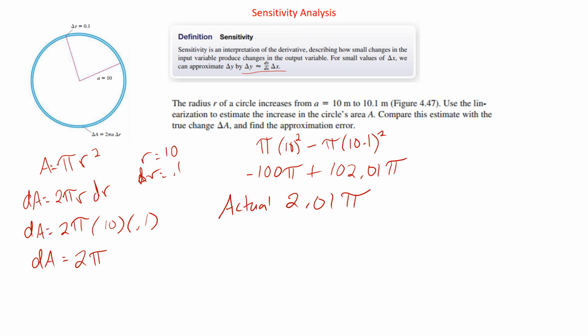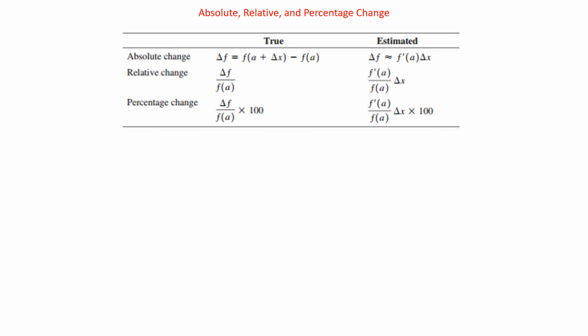So the estimated change is 2 pi, actual change is 2.01 pi. The sensitivity is just looking at what that difference is. Now, there are a couple different things that we can find with this. So before we get too far, I'm going to write dA equals 2 pi, and then actual was 2.01 pi.